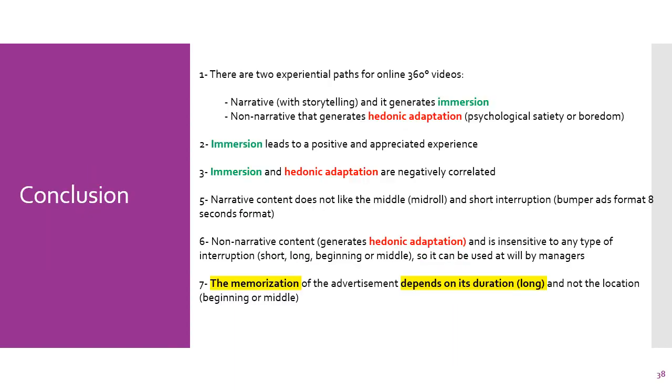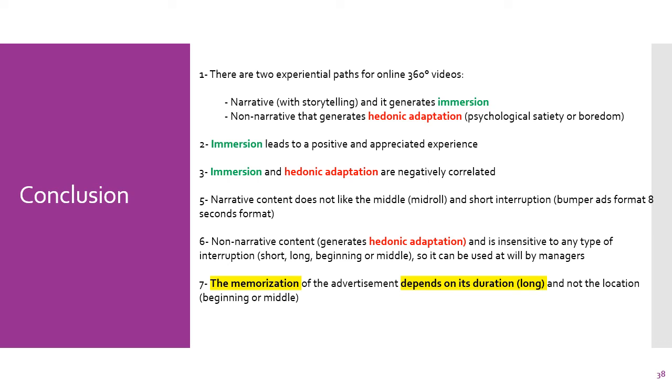So basically, to conclude, there are two experiential paths for online 360-degree videos. The first one is narrative, when it contains storytelling, and it generates immersion. The second one is non-narrative, and it generates hedonic adaptation, or what we call psychological satiety or boredom to some extent.